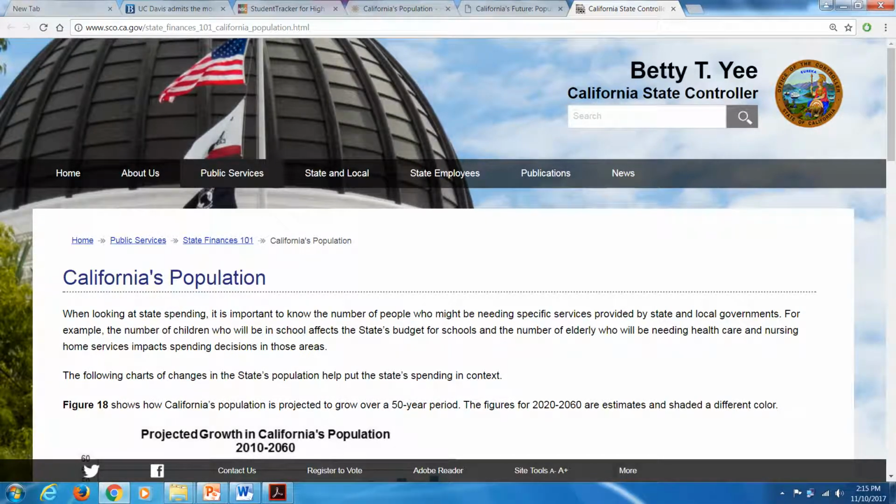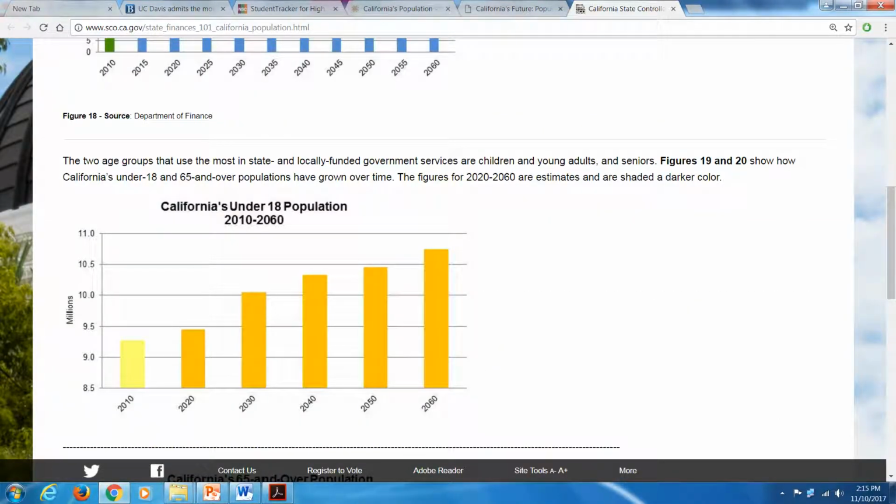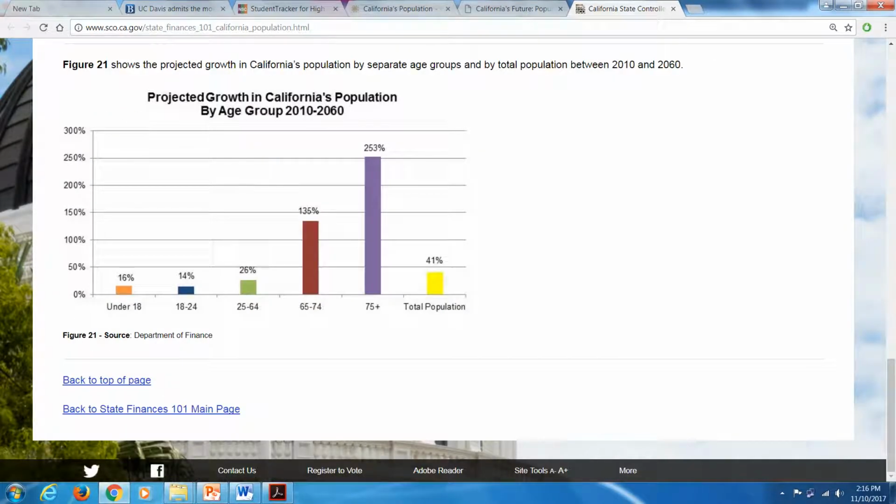California population, same statistics from the controller's website, pretty much in line with what we just saw. Now this slide is important: the under-18 population of California. In 2020 we will have close to 10 million California residents below 18. These are the children who will be attending K to 12 schools, not all of them, but we have additional data on these.